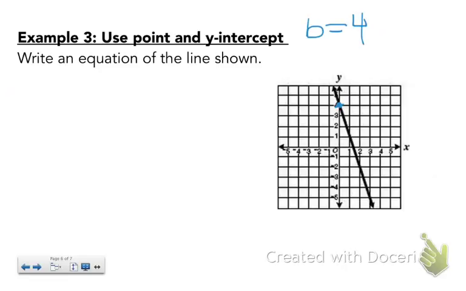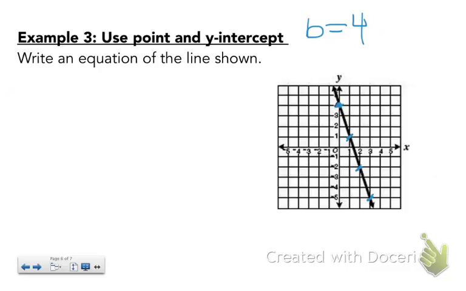And then to find the slope, remember I'm looking for a point that falls at a nice intersection. So I could use this point, or here's another point, or here's another point. All of those fall at nice intersections, so any of them will work.